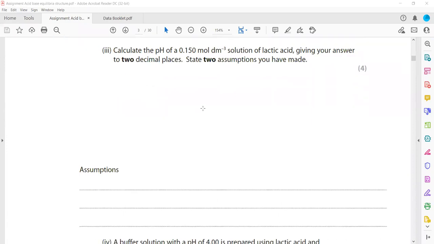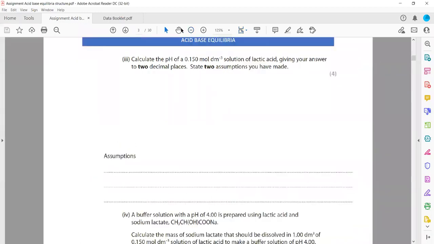The next part: calculate the pH of a 0.15 mol per dm³ solution of lactic acid. How do we work this out?